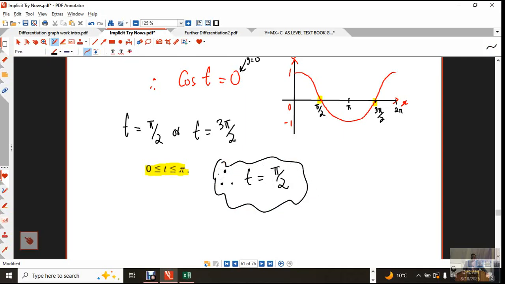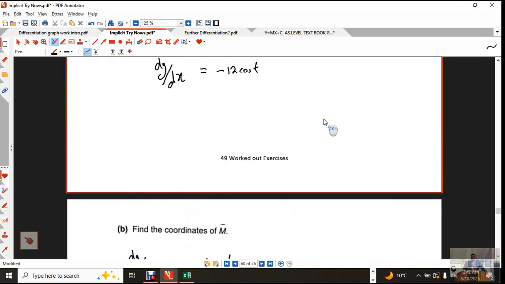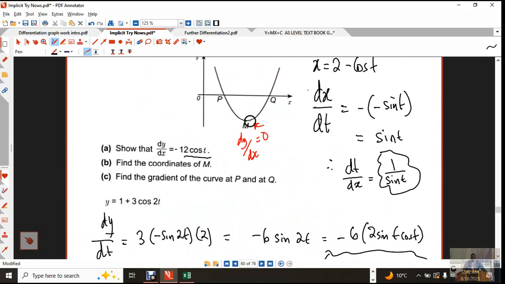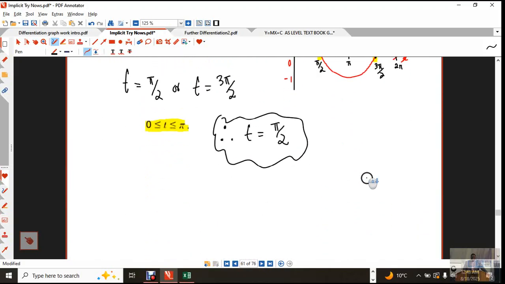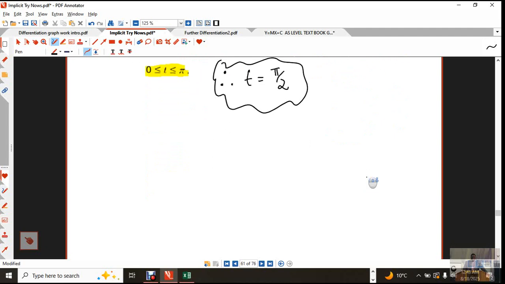Okay. Now, it's important to understand they are looking for the coordinates of the point M in our graph here. So what is the value of the coordinate of M? So we are supposed to look at our two equations, which is, if t is equal to pi over 2, then x will equal to and y will equal to.